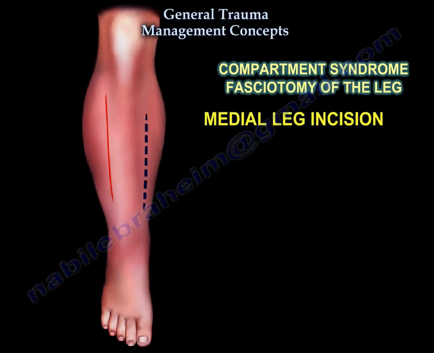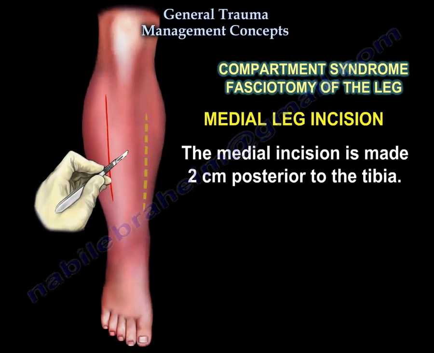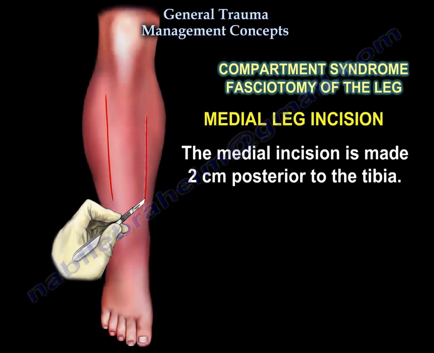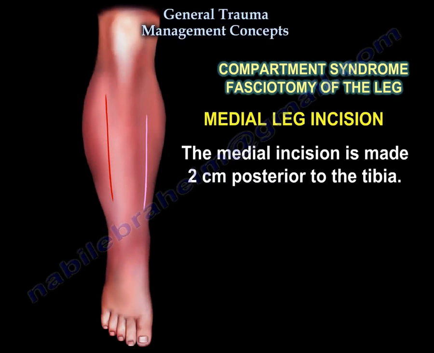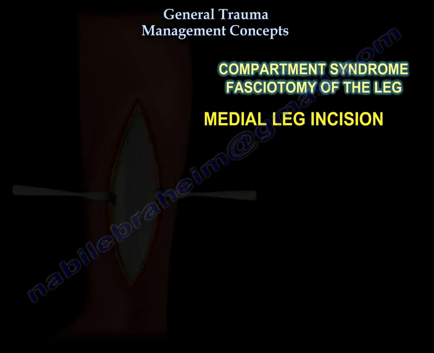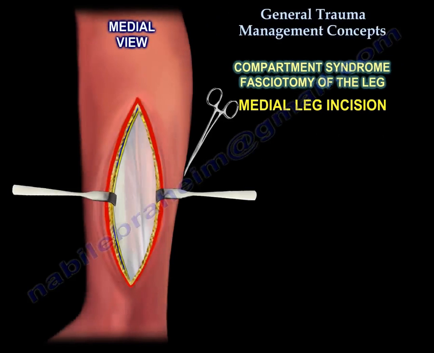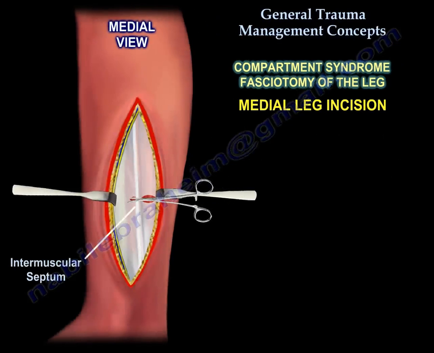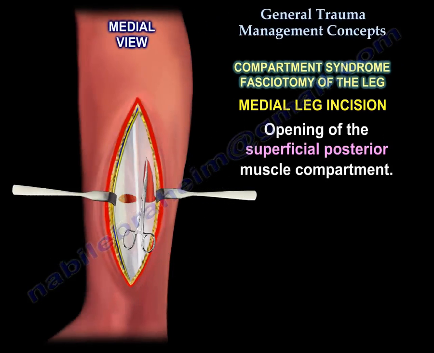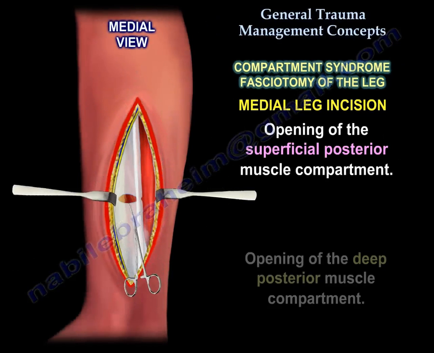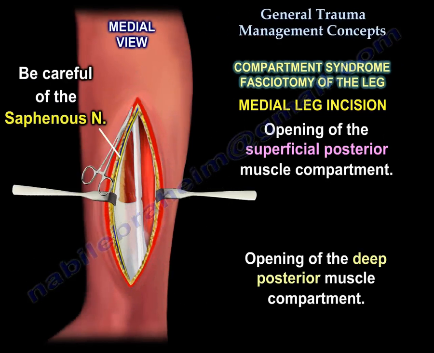The medial leg incision is made 2 cm posterior to the tibia. Then you open the superficial posterior compartment and the deep posterior compartment.